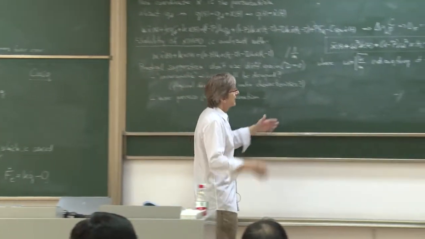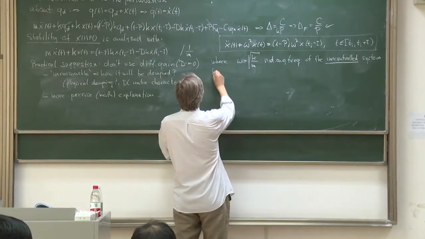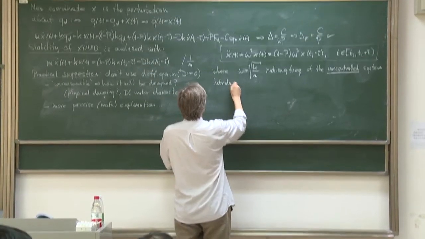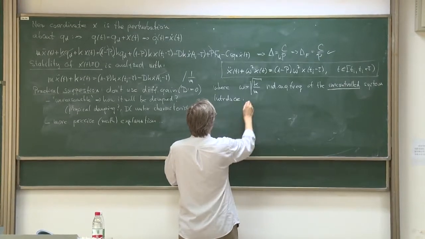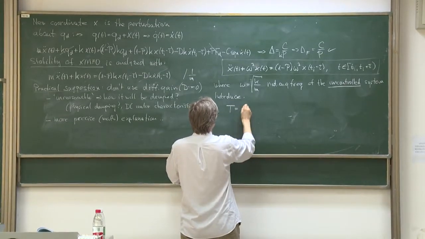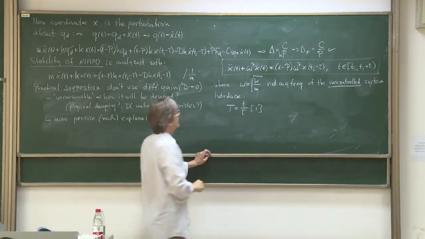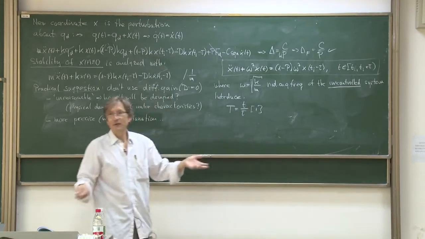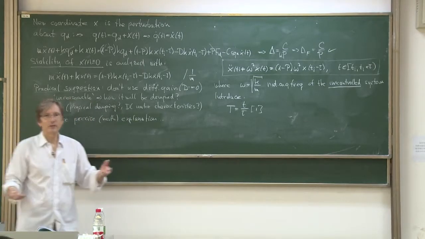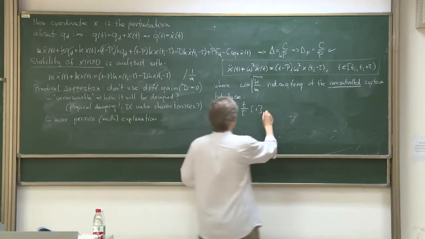Good. Dimensionless time. So the same procedure as we did. Capital T equals t over tau, dimensionless, okay? And actually, we don't have to introduce a new gain, because the proportional gain itself is dimensionless.